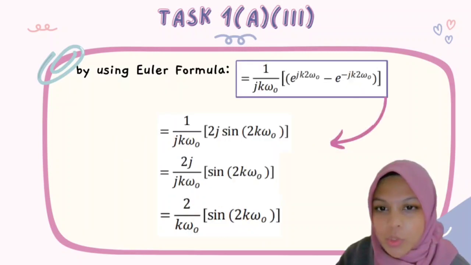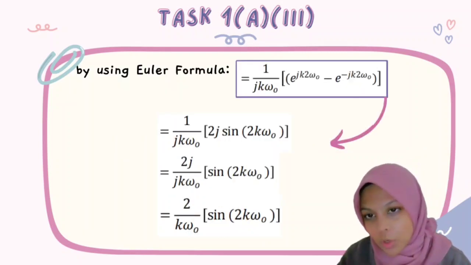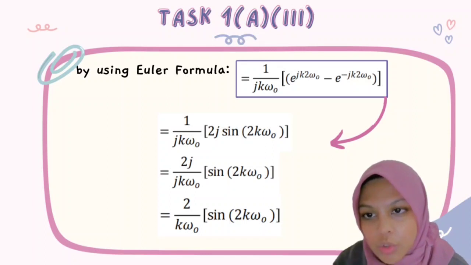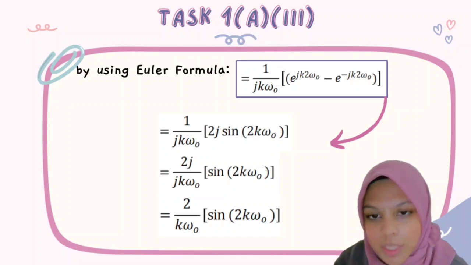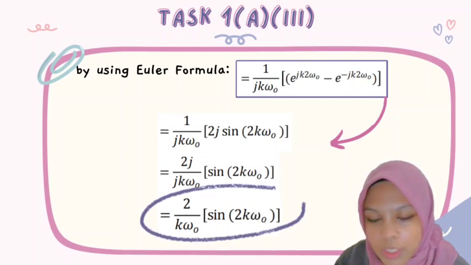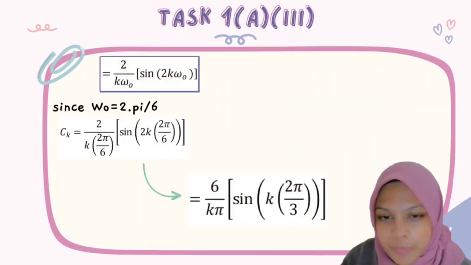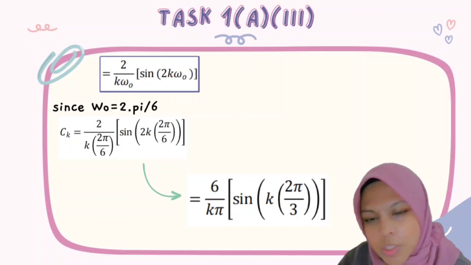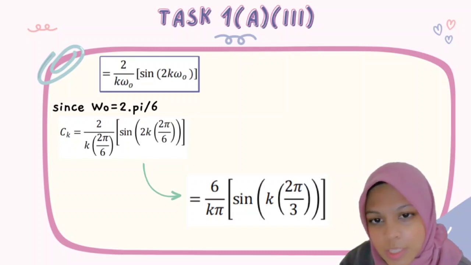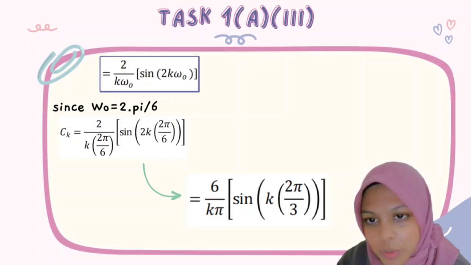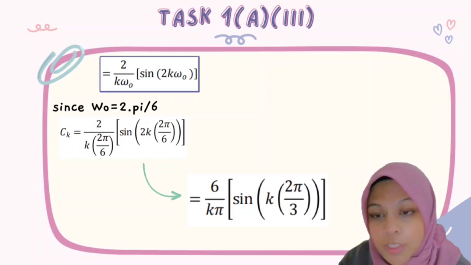By using the Euler formula, we get 1 over jk omega naught times 2j sine 2k omega naught. We can simplify the equation and the result is 2 over k omega naught sine 2k omega naught. Since omega naught equals 2 pi over 6, we substitute omega naught into the equation and we get 6 over k pi sine k 2 pi over 3.